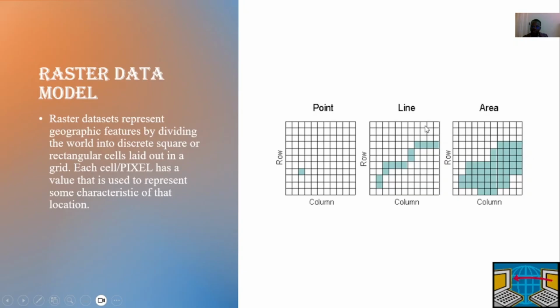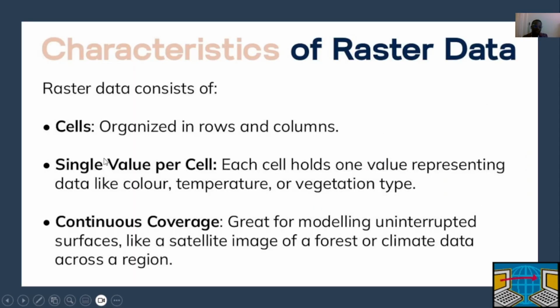These smaller boxes are cells, and each cell contains a number, organized in rows and columns. Single value per cell: each cell holds one value, representing data like color, temperature, or vegetation type. And it represents a continuous surface, a continuous coverage.